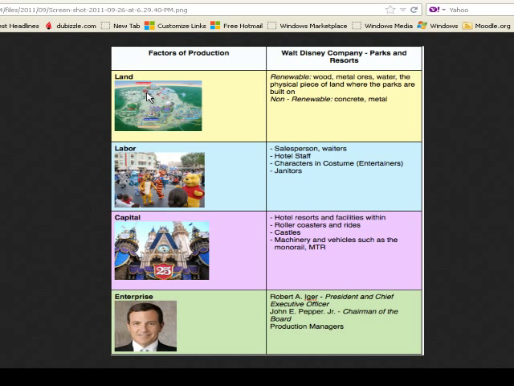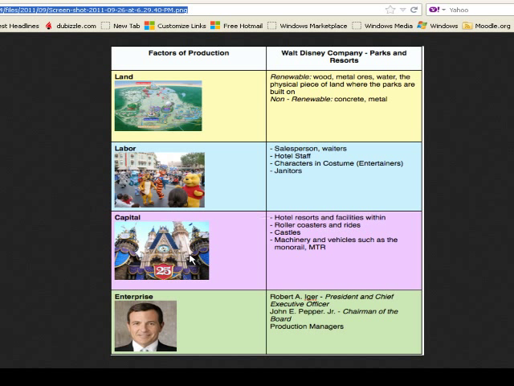For example, in this particular image, land. What does land mean in the Walt Disney Company? Wood, metal ores, water, and the physical piece of land where the parks are built. Then labor means salespeople, waitresses, hotel staff, characters in costumes, or we call them entertainers, and janitors.